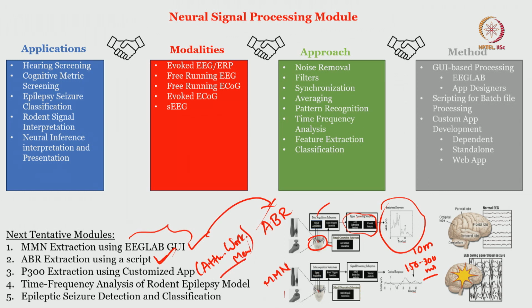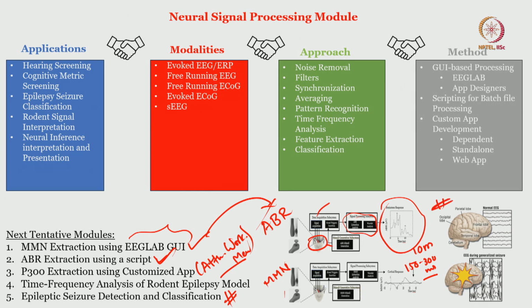We will also have a look at time frequency analysis in the epilepsy module. It will be a very short 10-15 minute module just to give you an idea, and if time permits we will also see epileptic seizure classification using a script, which I am again putting here.